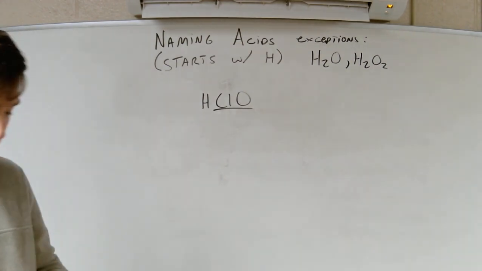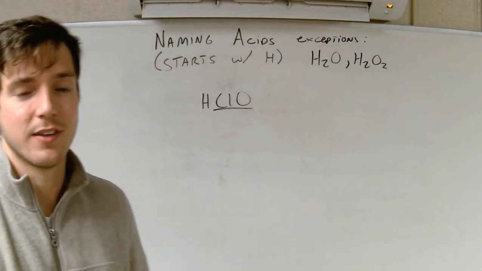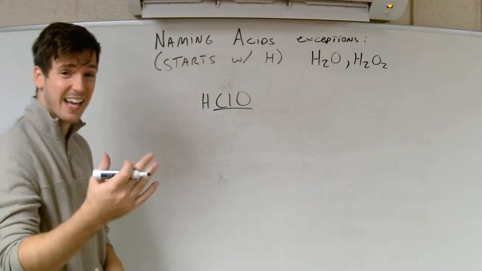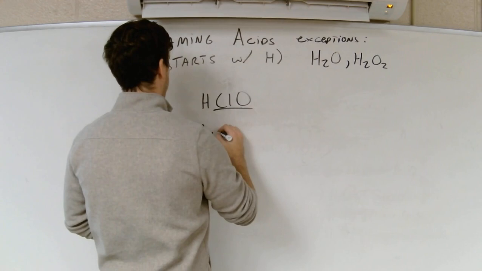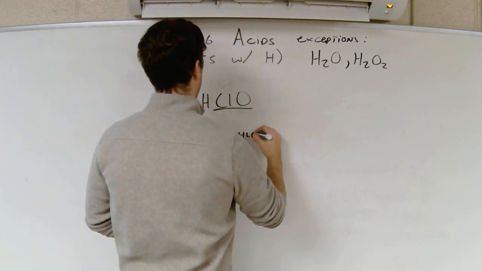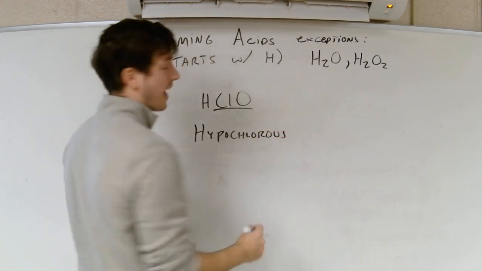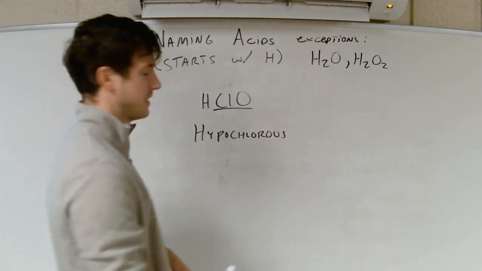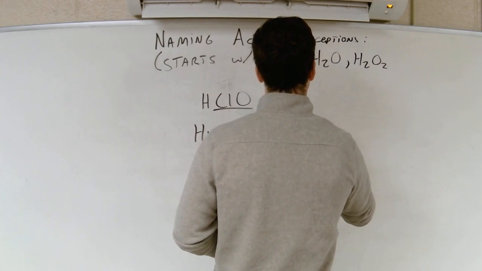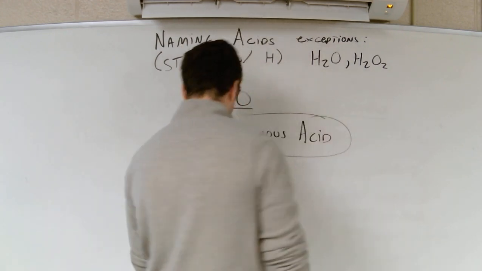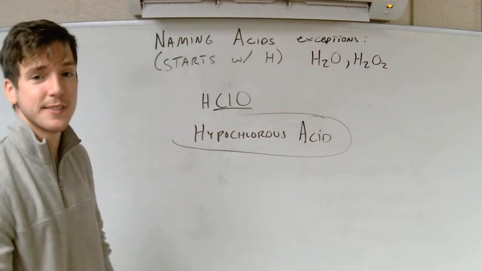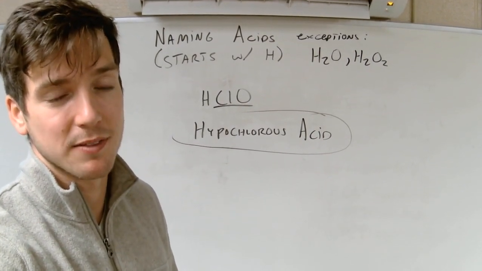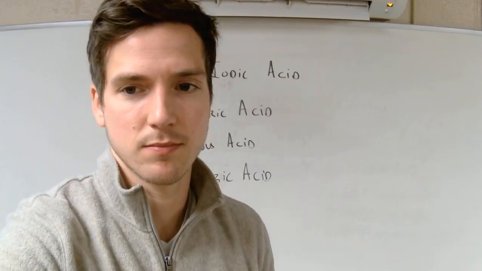ClO is hypochlorite. Remember, ate to ic, ite to us, and it ends in ite. So, that's going to be hypochlorous, right? Ite to us, it was hypochlorite. It becomes hypochlorous. And at the end, you gotta add the acid.